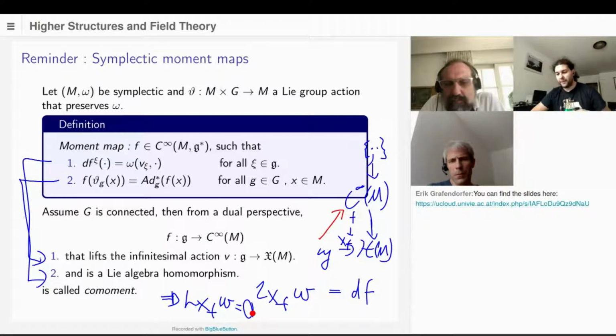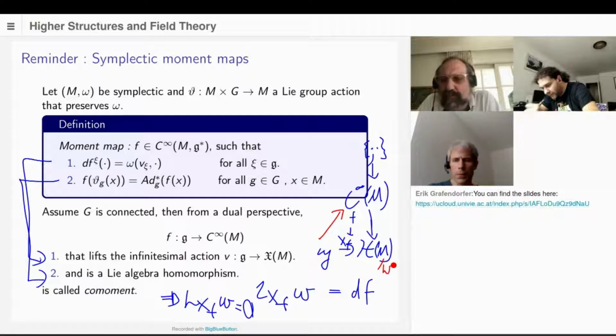So actually we don't map into X(M), but we map into X(M, omega) here. And the difference between vector fields preserving the symplectic form and Hamiltonian vector fields is a cohomology class.